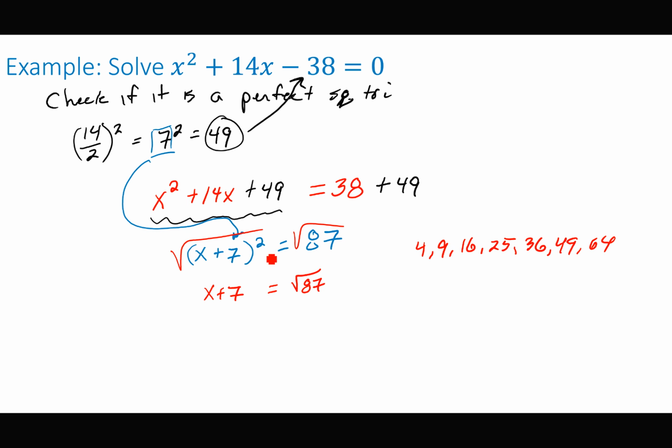Also, because I'm undoing this squaring on the x plus 7 squared, do not forget to add in that plus or minus piece. So it's x plus 7 equals plus or minus root 87. In order to solve this, I would subtract 7. So x is going to be negative 7 plus or minus root 87.